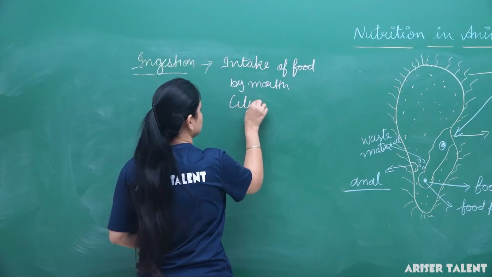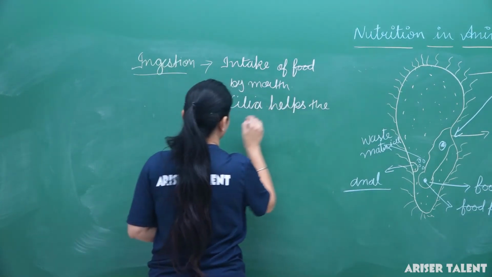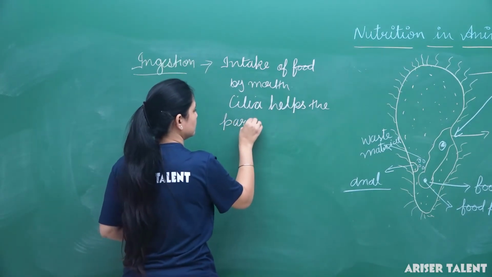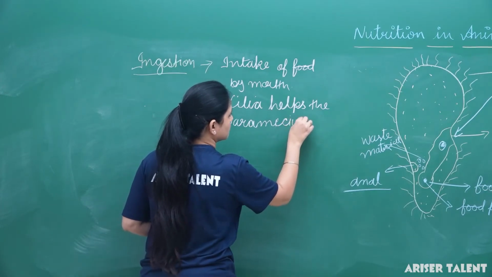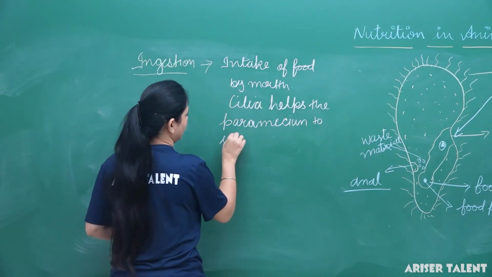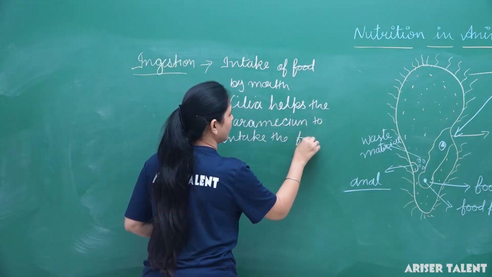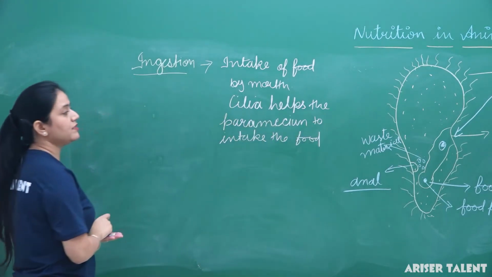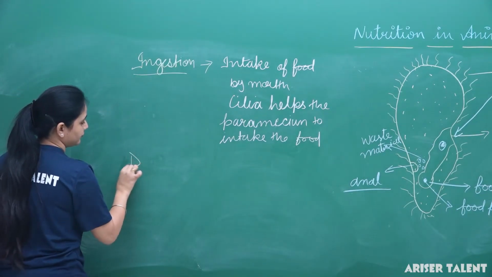Generally, cilia help the paramecium to intake the food inside the body. What happens then? Digestion.